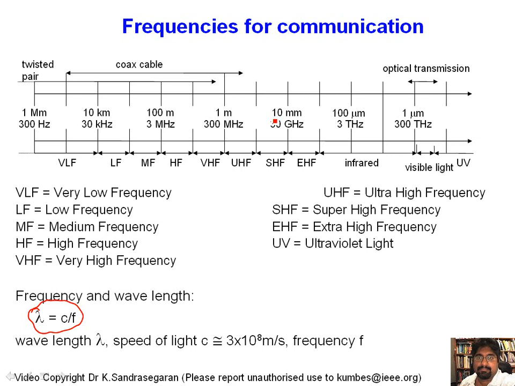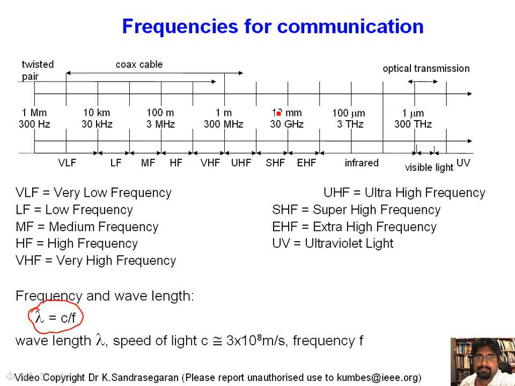But the other thing that happens is, as you go into higher and higher frequency bands, the propagation loss, which is the loss that takes place between the transmitter and the receiver, also increases very rapidly. So to cope with that, you've got to have much better antennas and so forth.